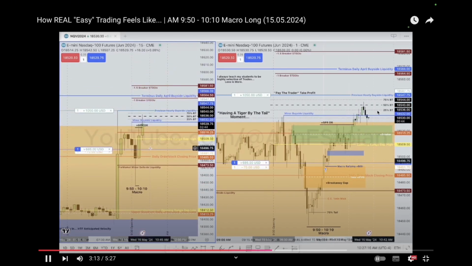Breaker. Fair value gap high. I'm going to remind you that the breakaway gap has to have the lower part open. It does not only require for it to be fully open.